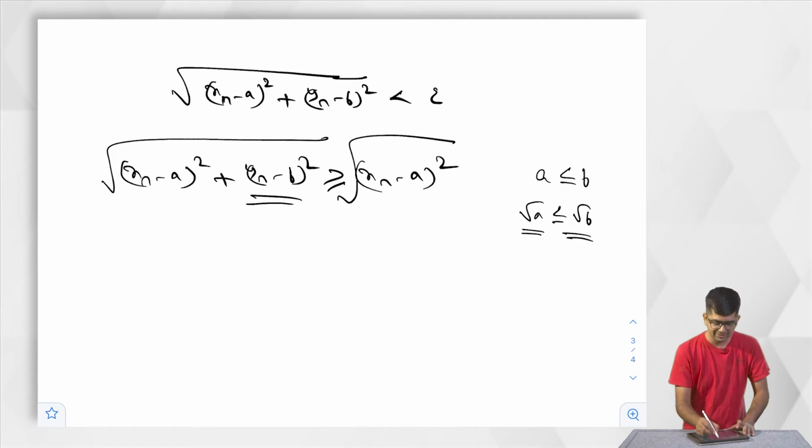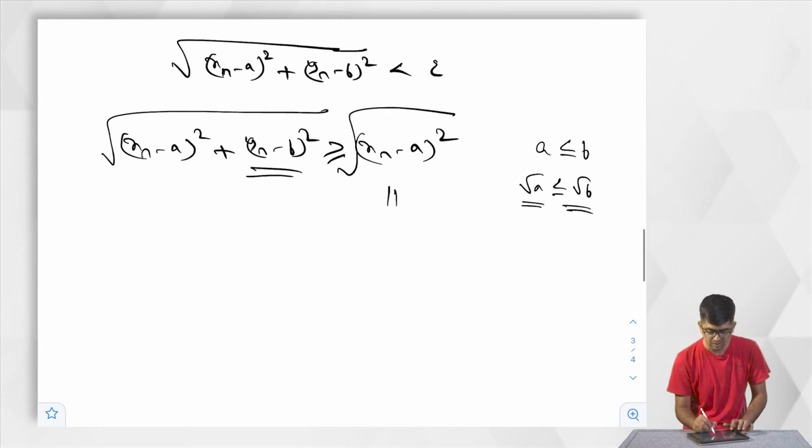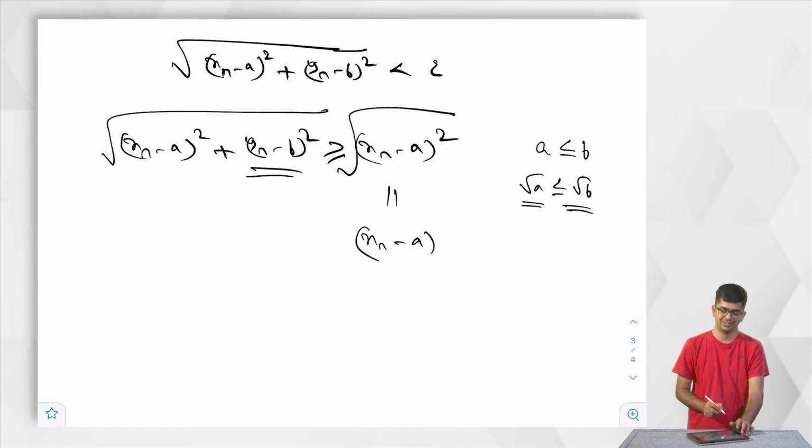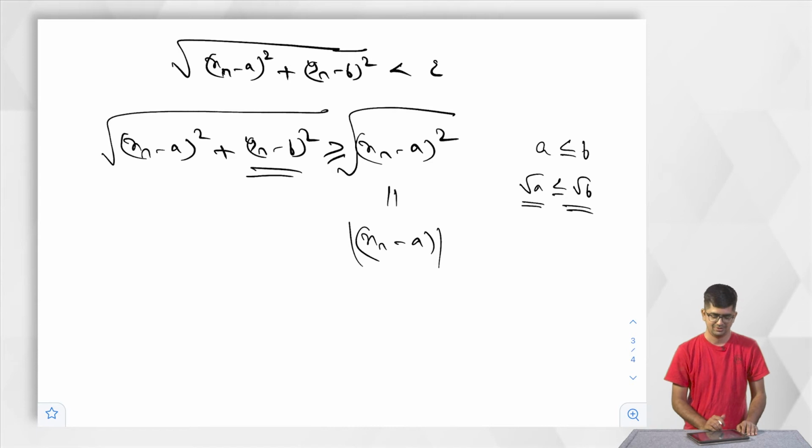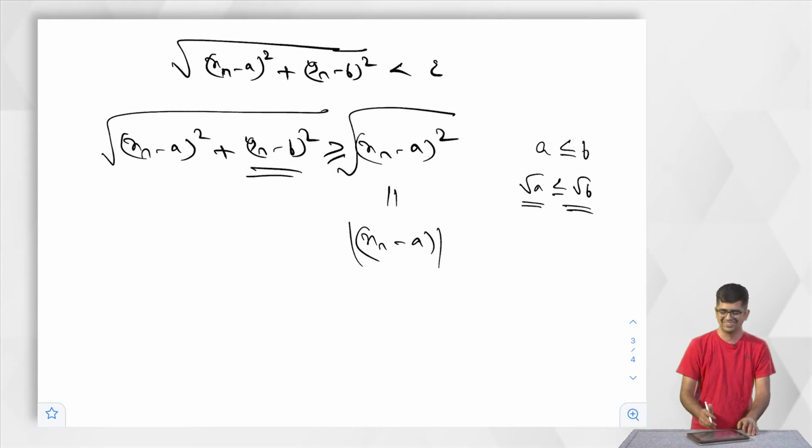Now there is a square and a square root, these two will get cancelled, and this gives us what? xn minus a. Or is it xn minus a or modulus of xn minus a? So we will write the modulus just to be careful.